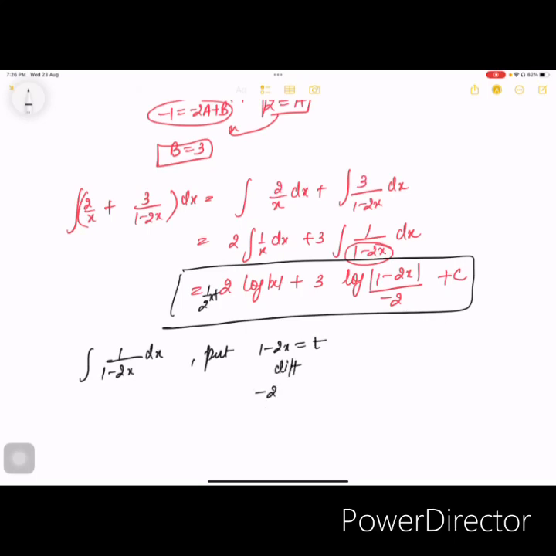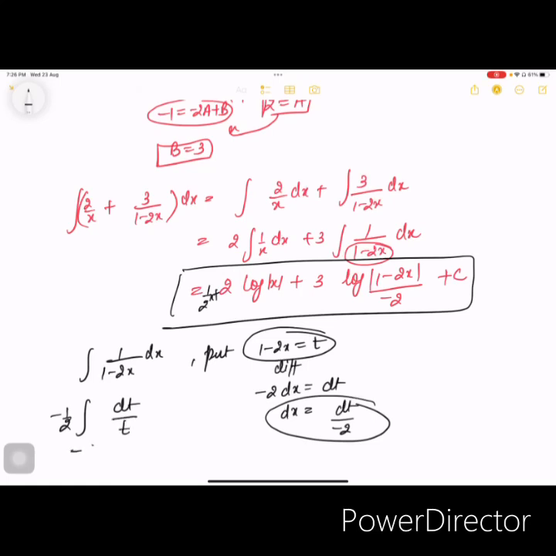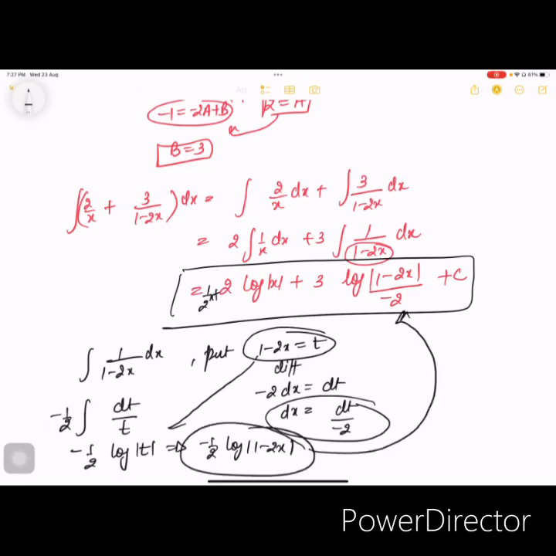Differentiating it will become negative 2 dx equals dt. Dx is equal to dt upon negative 2. Putting these values in the integration, it will become 1 upon 2 with negative sign, dt upon t, log of t, and t value is log of 1 minus 2x. Please check, is it the same which we have written over here?